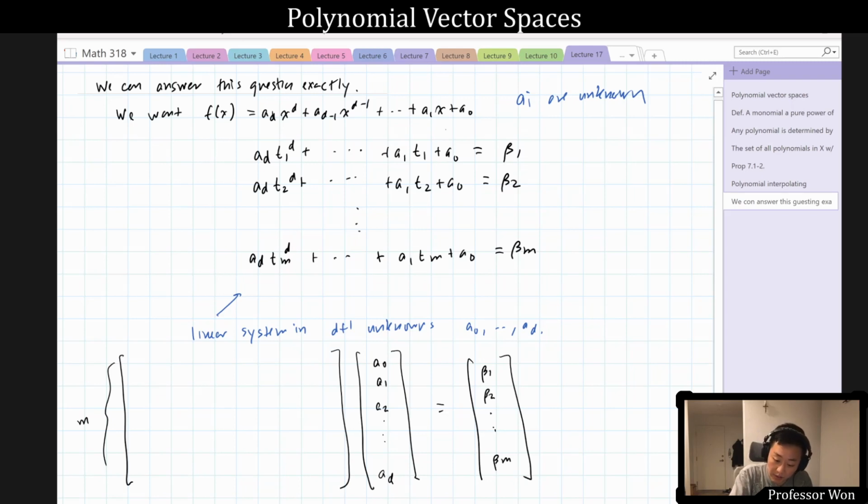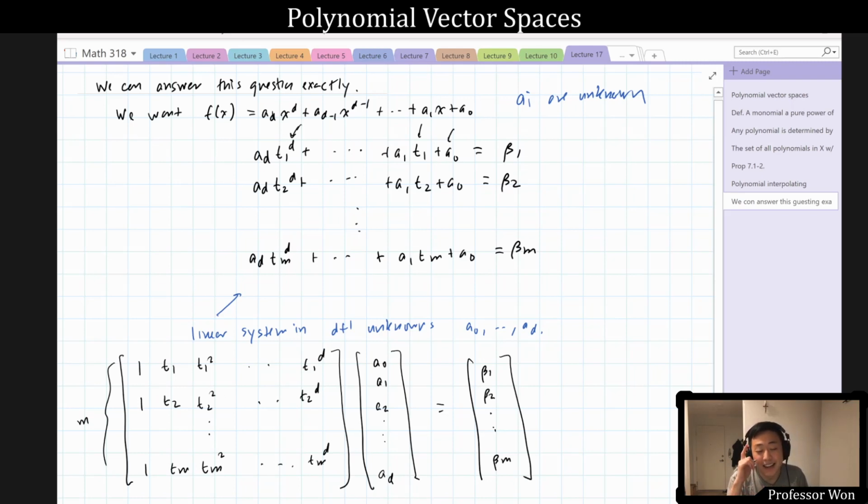Well, you just take the coefficients in front of a naught, a1, a2 up through ad. So this one is 1, t1, t1 squared, t1 to the d, 1, t2, t2 squared, t2 to the d, down to tm squared, tm to the d. As promised, sorry, I should have said it, it's an m by d plus 1 matrix, right? This one is m by d plus 1. This one's a vector in R^(d+1), and it spits out a vector in R^m.